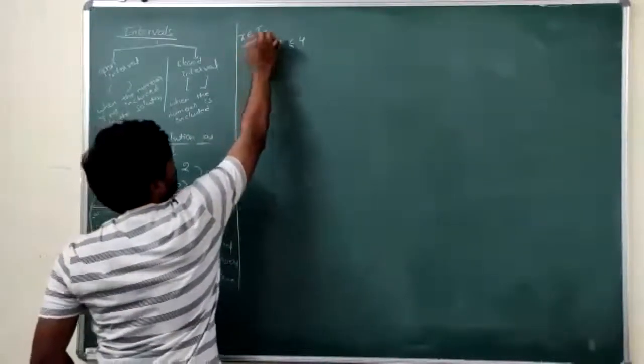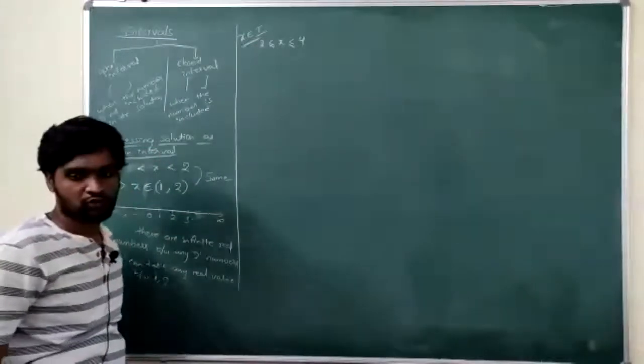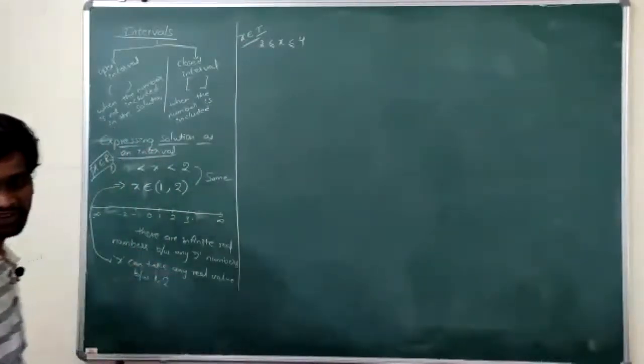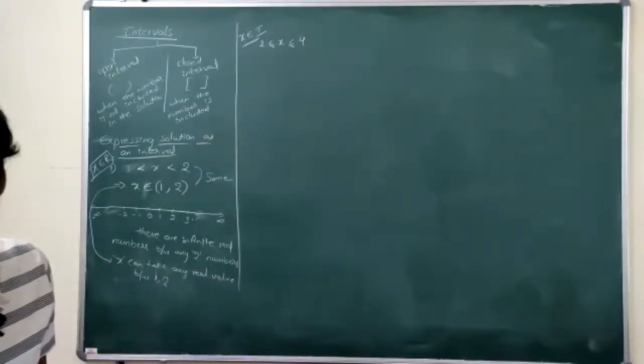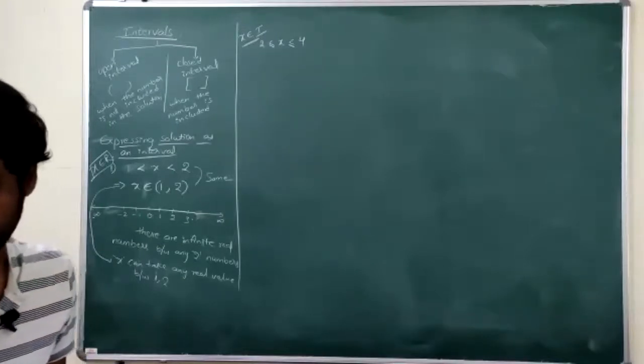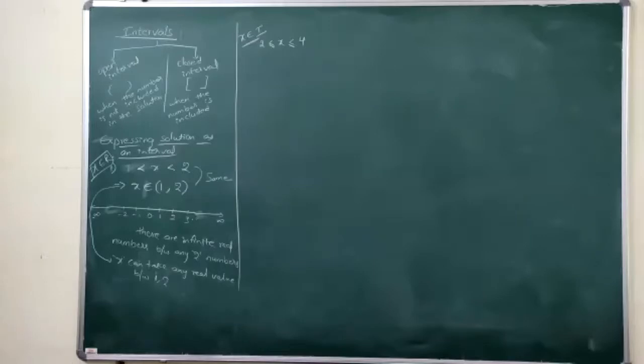Now x belongs to integers and 2 is less than or equal to x is less than or equal to 4. Now tell me what are the values of x? I mentioned that x belongs to integers.